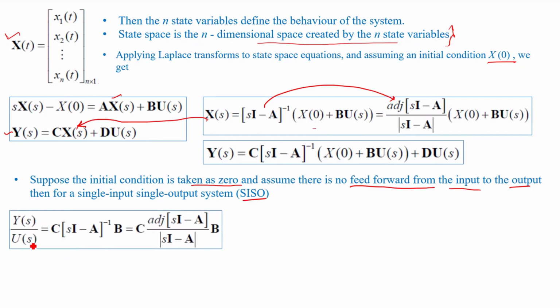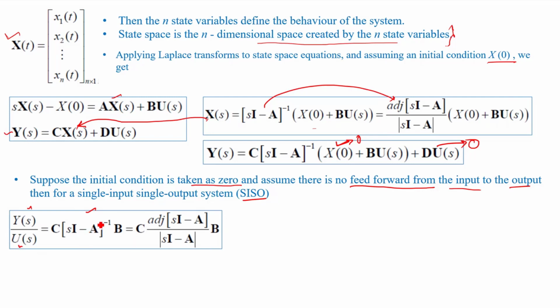For that, the transfer function Y(s) by U(s) will be C (sI minus A) inverse B. Since x0 is 0 and D is 0, Y(s) only has C (sI minus A) inverse BU(s), and taking U(s) to the left hand side, Y(s) by U(s) remains like this.